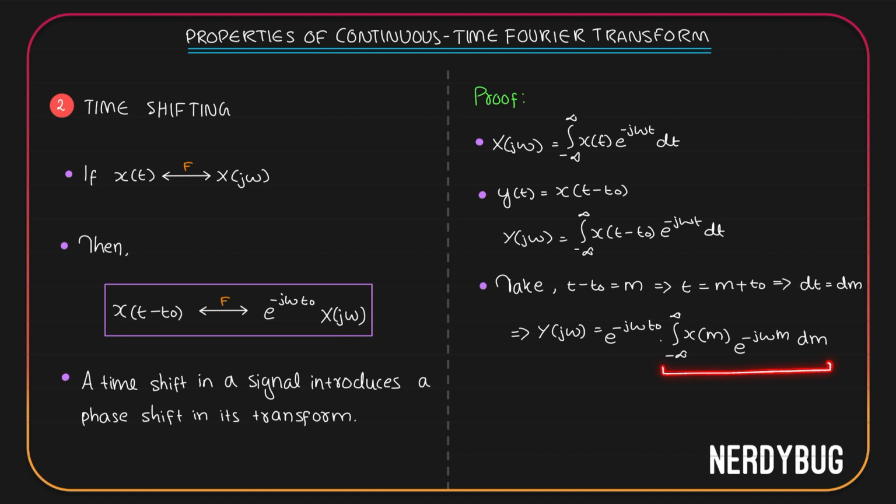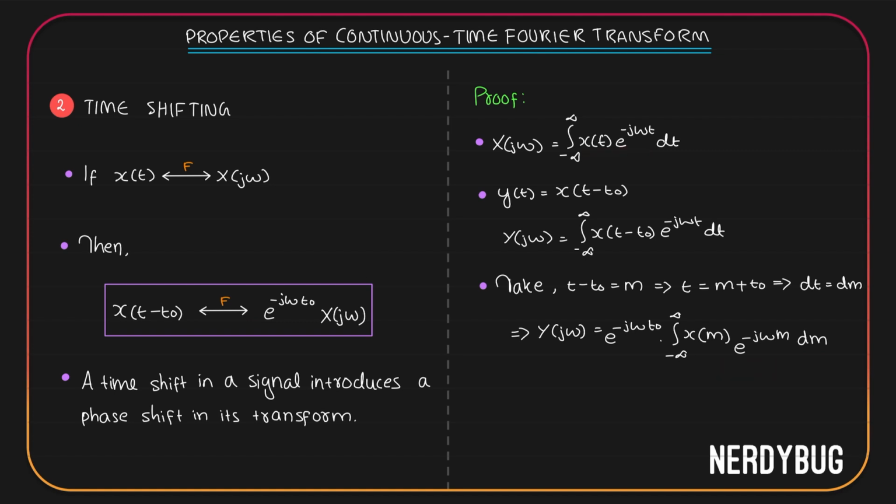What we have over here is nothing but X of j omega. We have written X of j omega as the integral from minus infinity to infinity of x of t e raised to minus j omega t dt. And here we have the integral from minus infinity to infinity of x of m e raised to minus j omega m dm. The only difference is the variable is t here, the variable is m here.